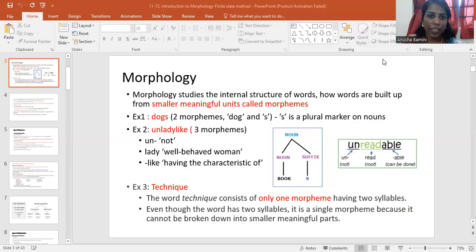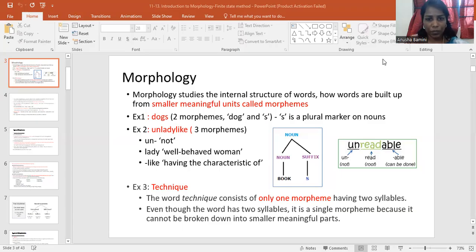In such cases, morphology plays a major role in identifying the upcoming word or upcoming letter, based upon the meaning of each word. So morphology is necessary in natural language processing.